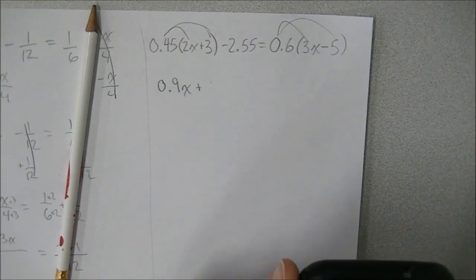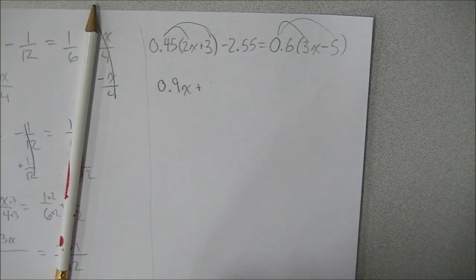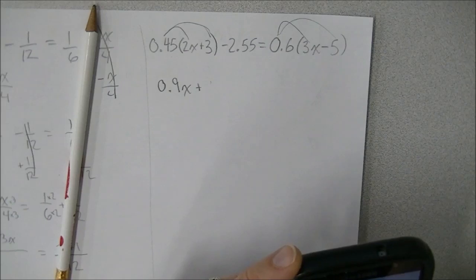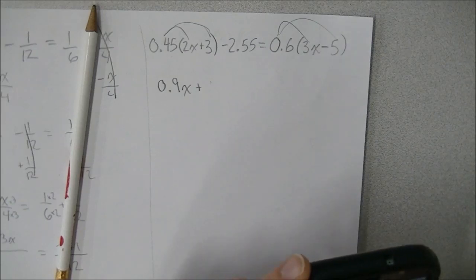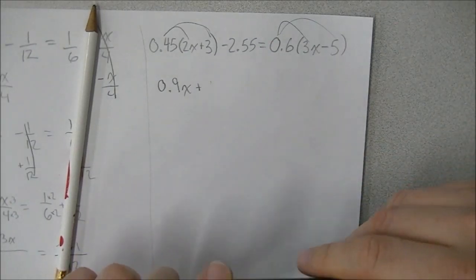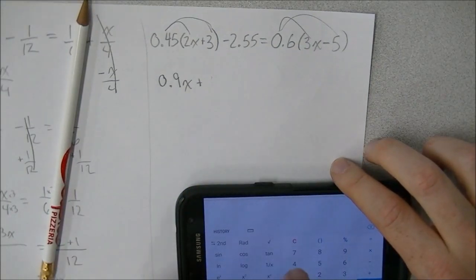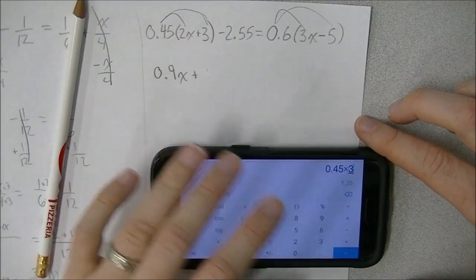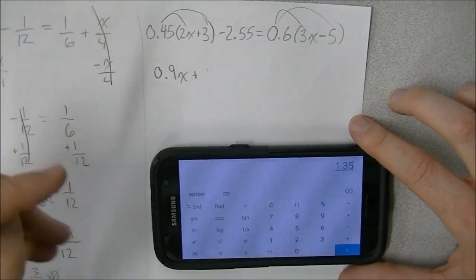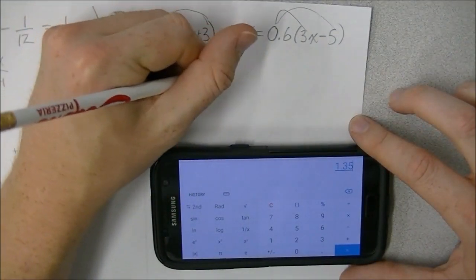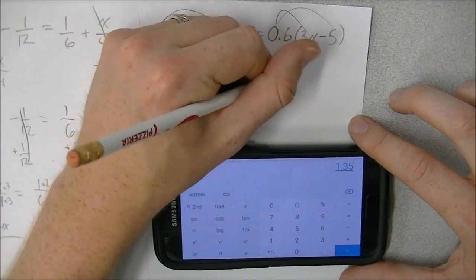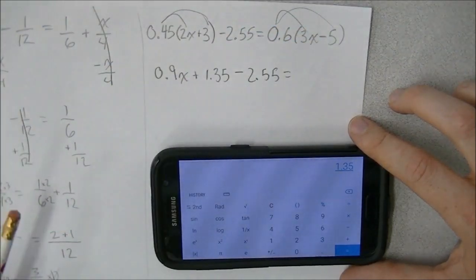Finding my calculator, here we go. Okay, so clearing the calculator. So 0.45 times 3 is equal to 1.35. All right, minus 2.55, because we're only dealing with the brackets first.